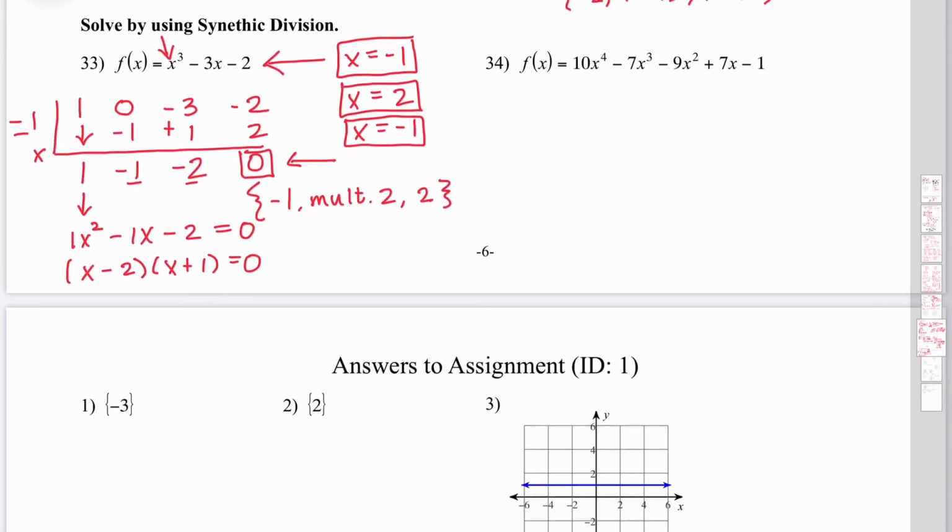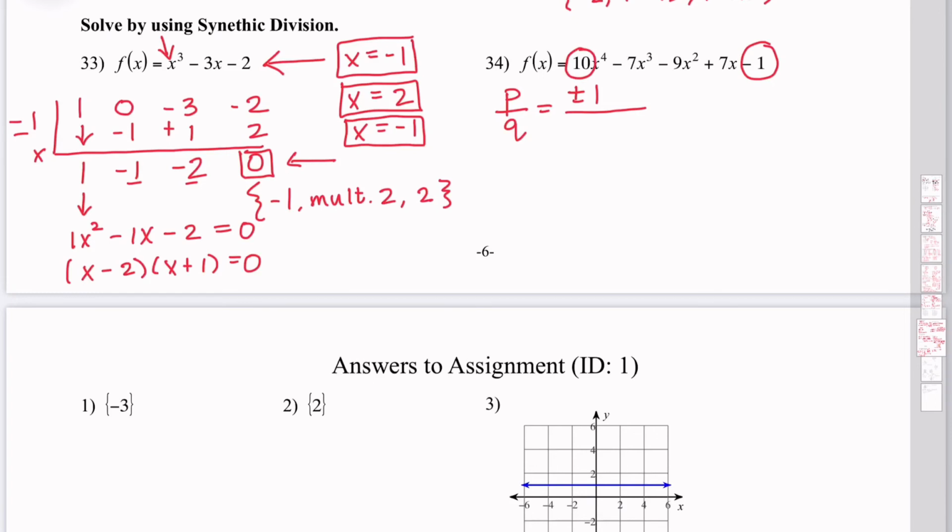Moving on to the last question of this study guide, we're going to use the same process from 33 to answer 34. We want to use the rational zero theorem to find all our possible rational zeros. P over Q. P are the factors of your constant. Factors of negative 1 are plus or minus 1, all over factors of Q, which in this case is 10.